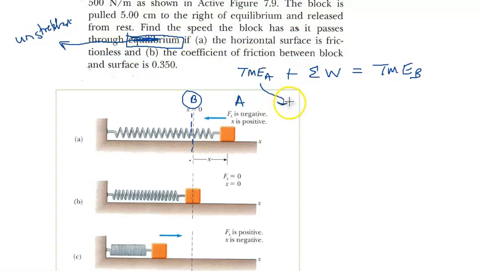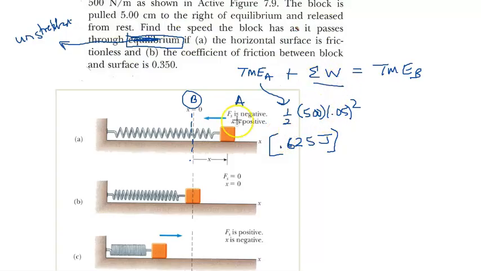We already know what that is. That was 1/2 times 500 times 0.05 squared, or 0.625 joules. We pulled the spring back by the same amount, so it's still storing the same amount of energy. And we're still not moving, and we're at sea level.